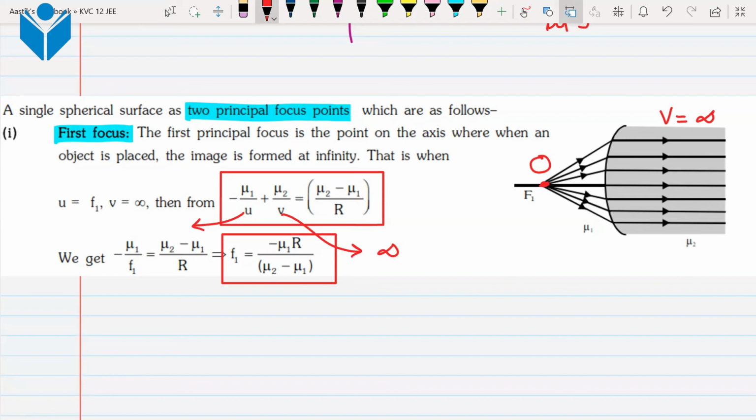Now, have you noted down the first principal focus, my dear friends? Please let me know when you have done.